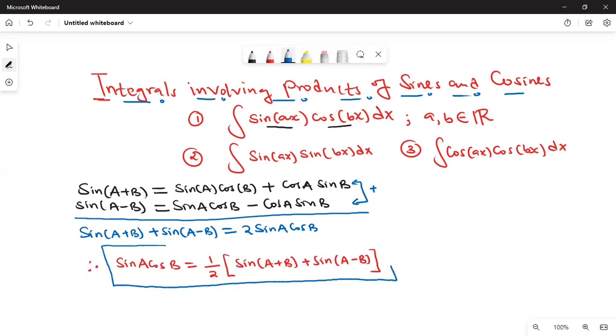It is half times sine of the sum plus sine of the difference, where A is associated with sine and B is associated with cosine.